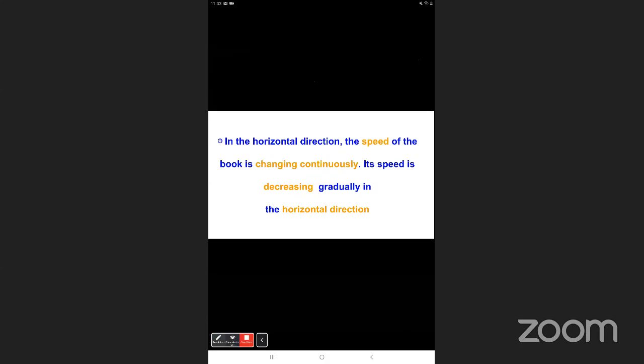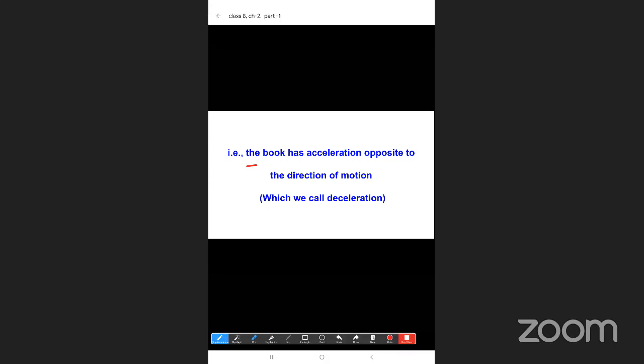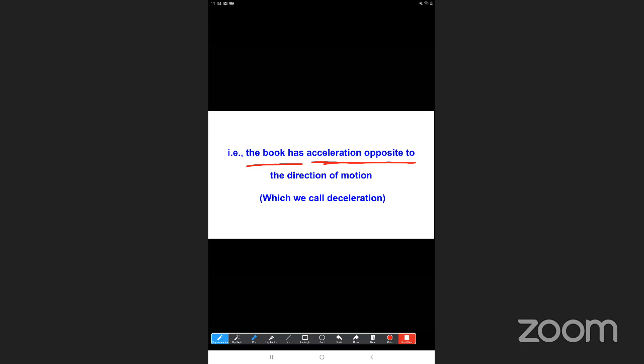So here we can say that the book has acceleration opposite to the direction of motion. I'm saying, listen carefully, this point is very important. The book has acceleration opposite to the direction of motion, which we call deceleration.